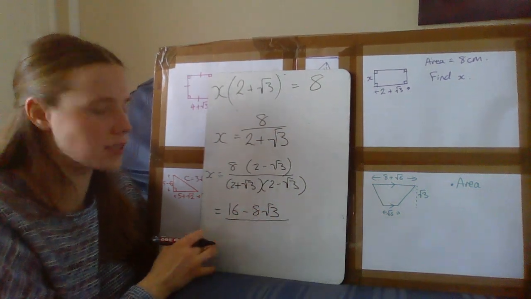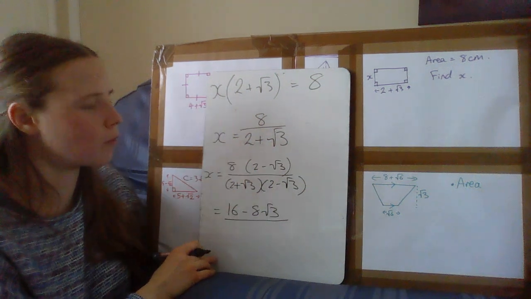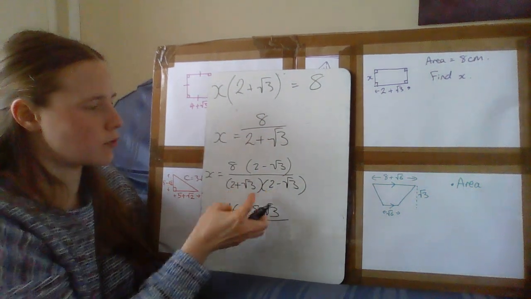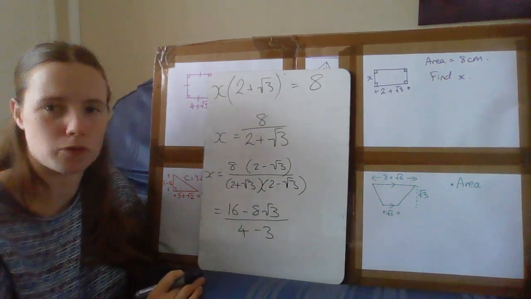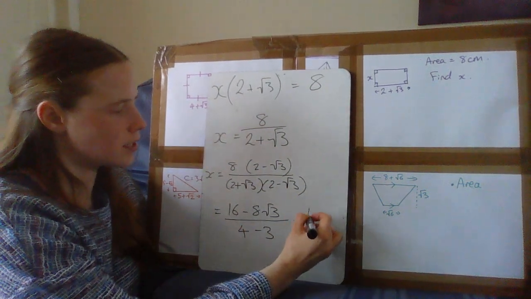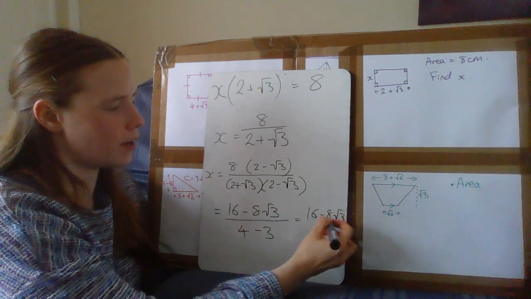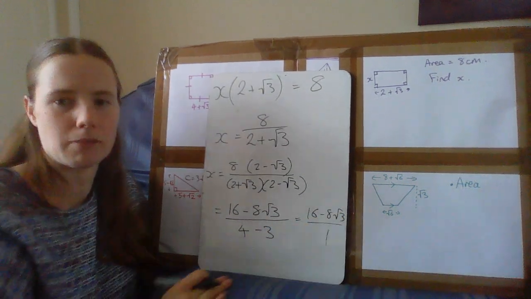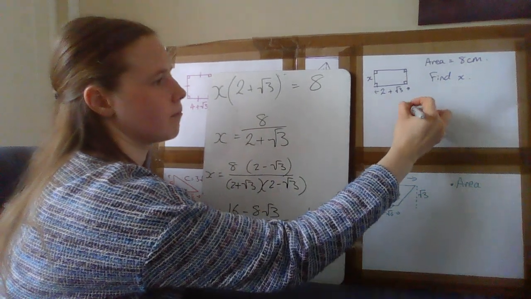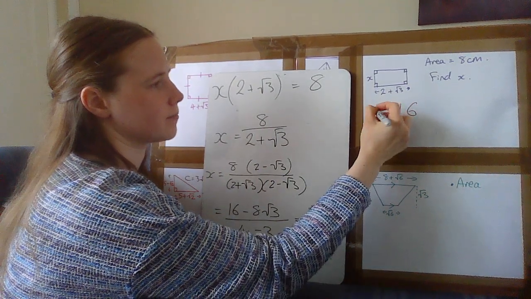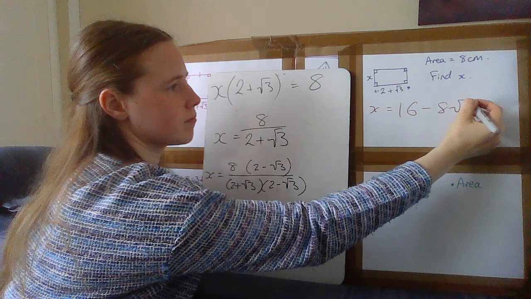On the bottom, you can expand and simplify step by step, or if you're confident with it, 2 squared is 4, root 3 squared is 3, so 4 minus 3, which is 1. 16 minus 8 root 3 over 1 is just 16 minus 8 root 3, so that's our answer for the area of this one. Sorry, not the area, x.